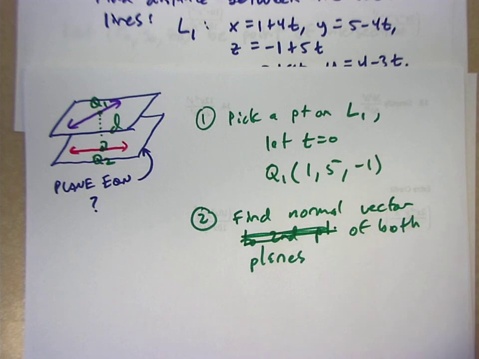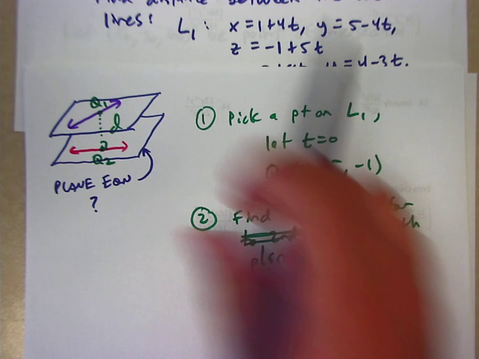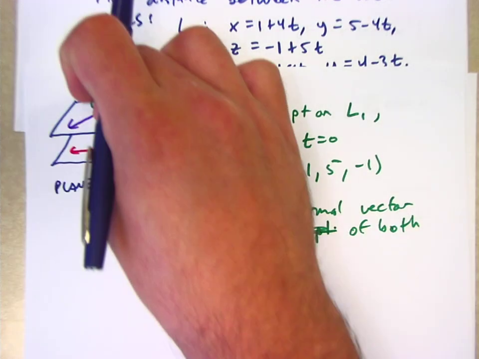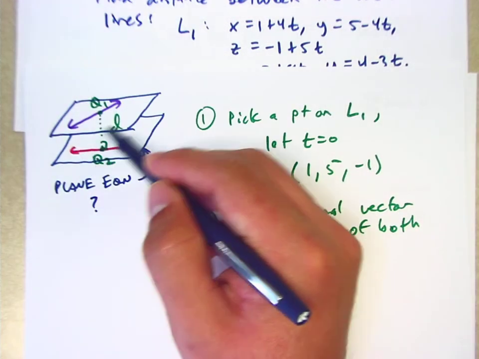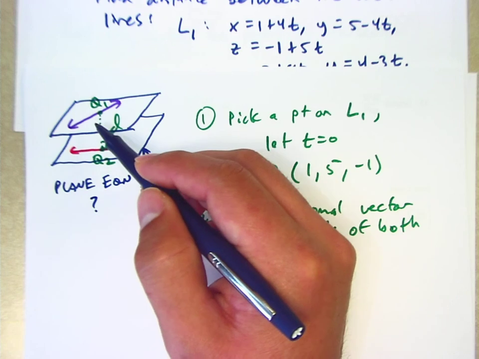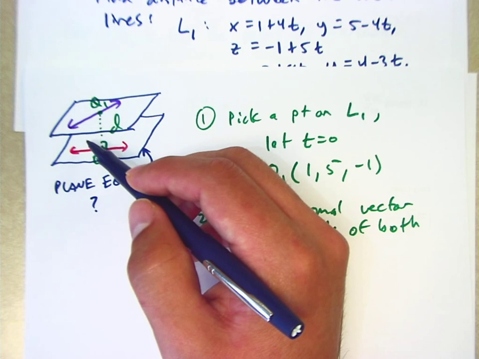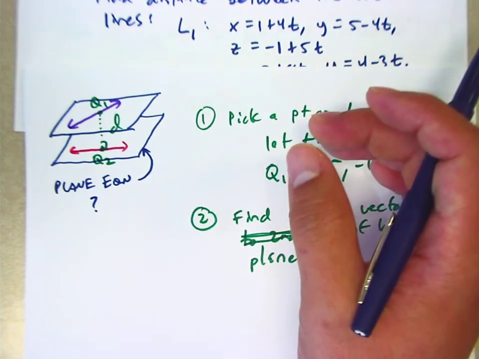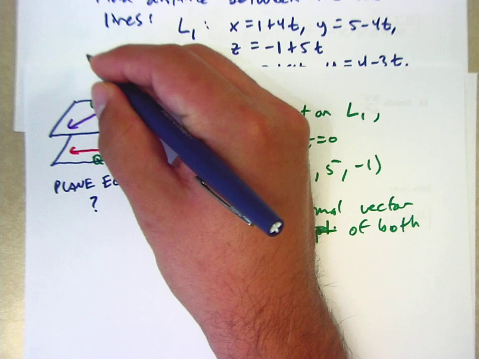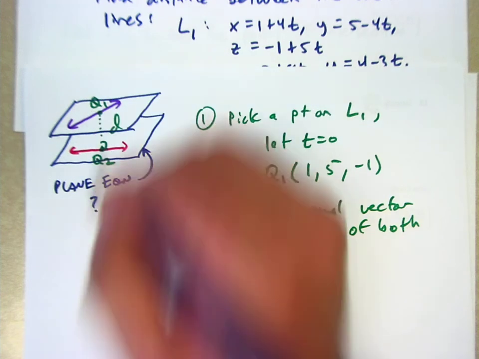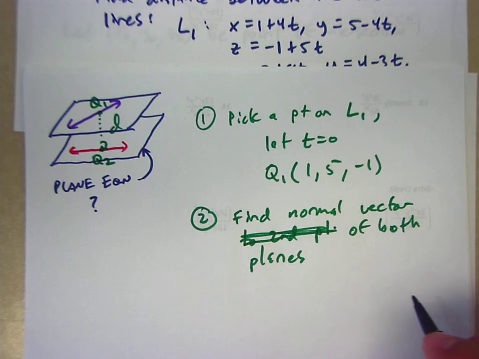If these lines are parallel, you can imagine that this purple line can get translated downward so that it's on this plane. And so what that means is if you take the purple vector and the red vector and take the cross product, you will get a normal vector to not only plane 1 but also plane 2, which is what we really want to find. And we have those vectors.